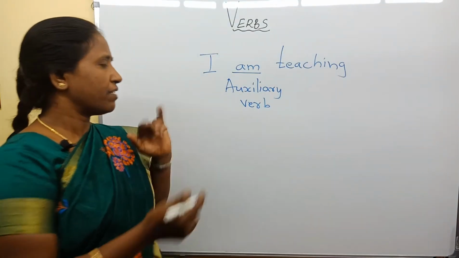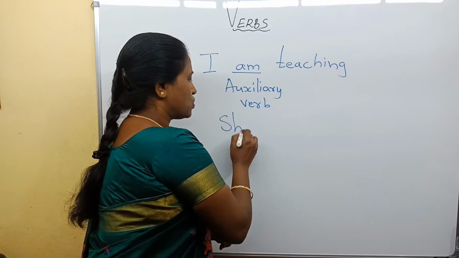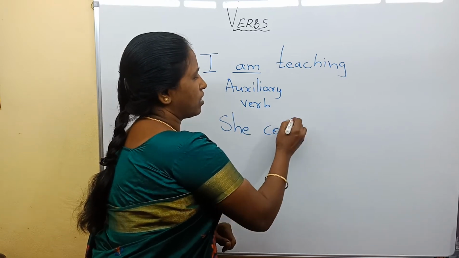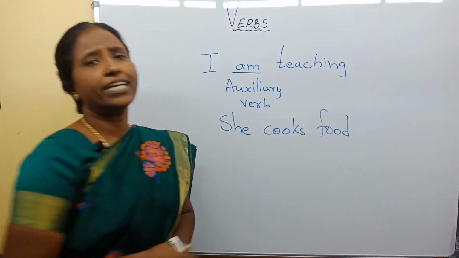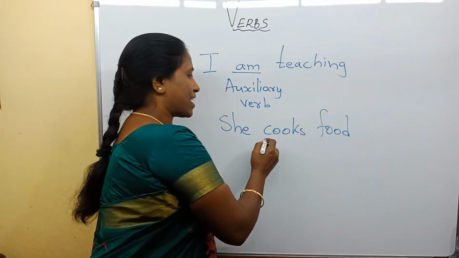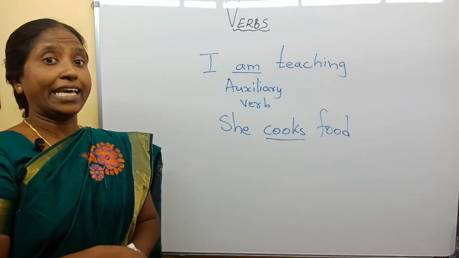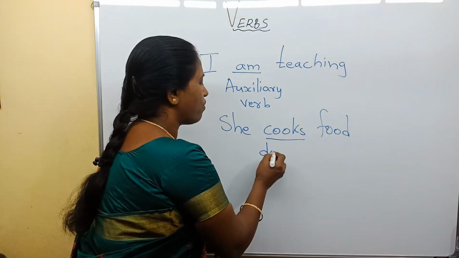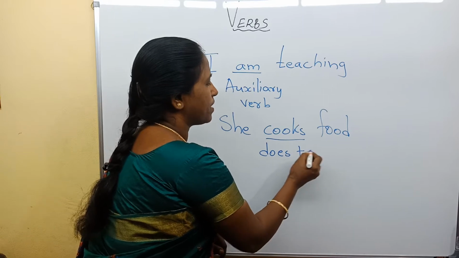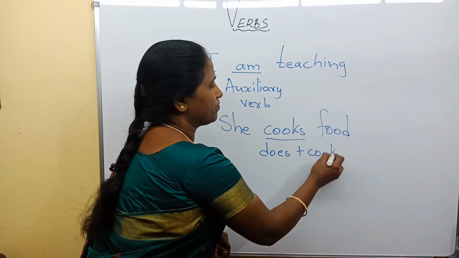And then if I say, she cooks food. Now what is the action word here? Cooks is the action word. This cooks is nothing but the combination of does plus cook.